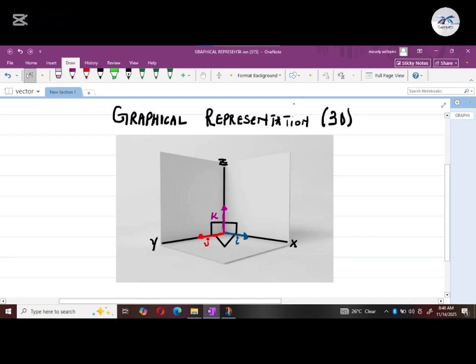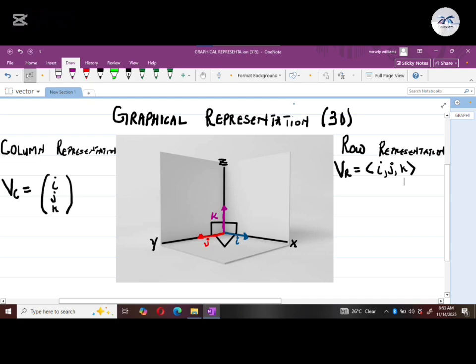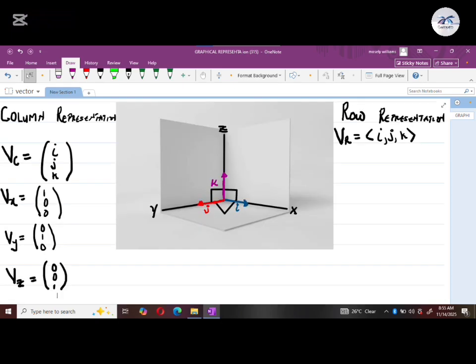We can represent the position of a vector using the column representation or the row representation. For our column representation, the position of our vector x will be (1, 0, 0), since our vector x is parallel to the x-axis. Same thing with the vector y.